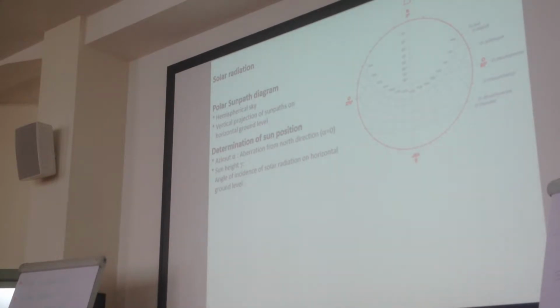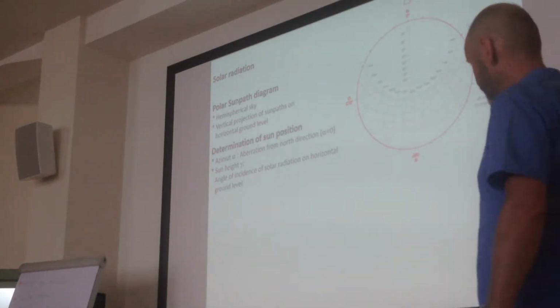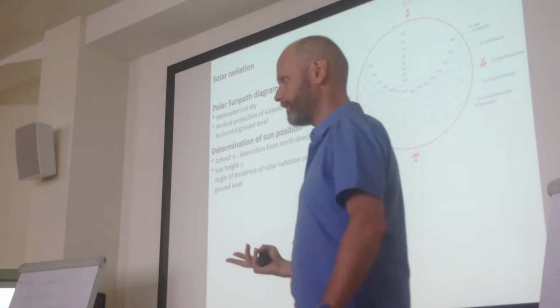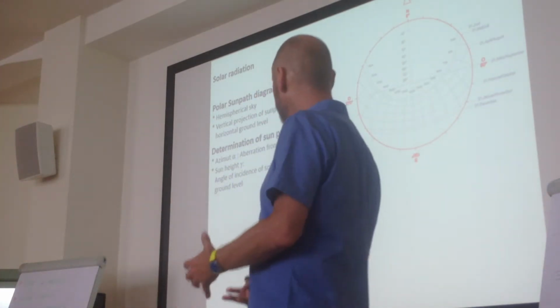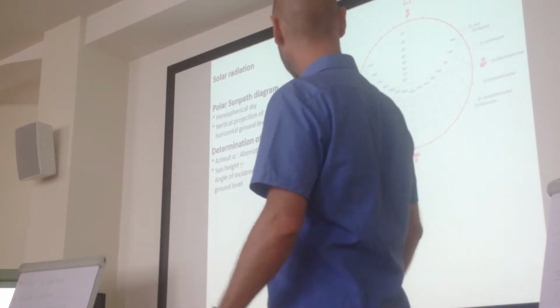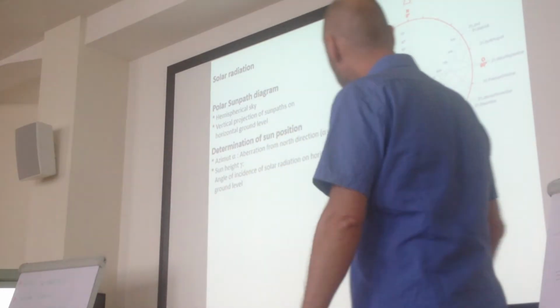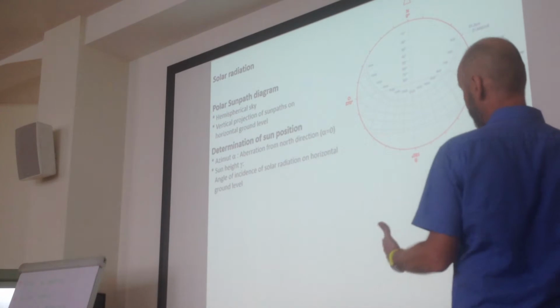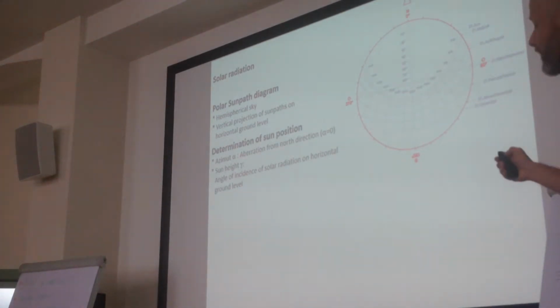And the knowledge about the exact position of the sun on a certain plot and in a certain season is also of major importance. And therefore, we have the very simple and very useful tool of so-called sun path diagrams. Are you familiar with those sun path diagrams?